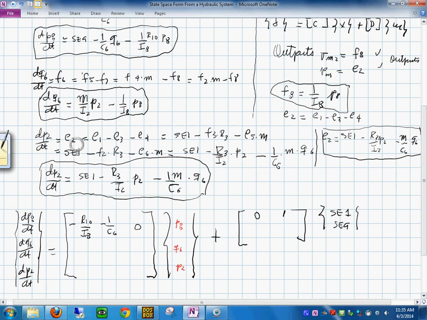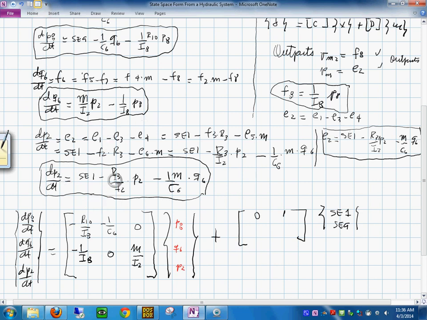Second equation, you have that P sub 8 is minus 1 over I sub 8, and then Q sub 6 is 0, and then P sub 2 is M over I sub 2. And then you have this. So that's the second equation.